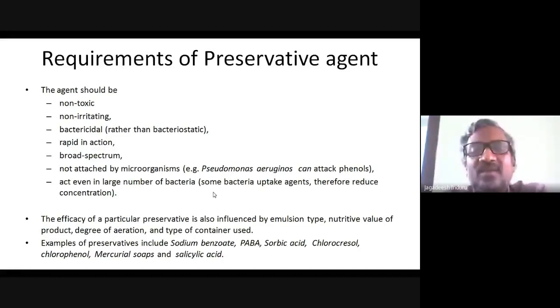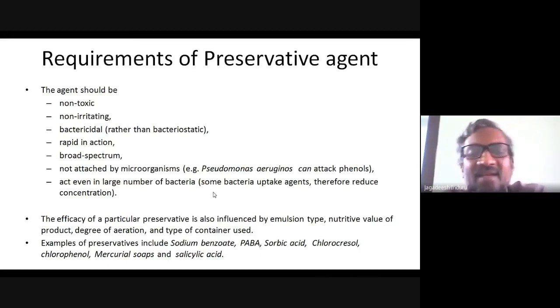For example, the Pseudomonas group of organisms can attack the phenols. It makes the product not suitable to use. So it should act even on a larger number of bacteria, even if the concentration is very high, it should be able to reduce their growth and kill them. So these are the optimum qualities.